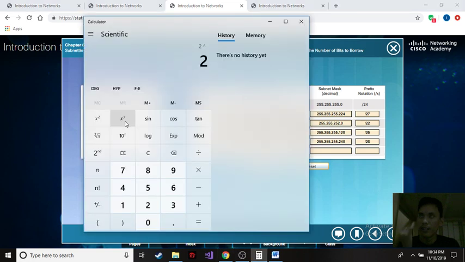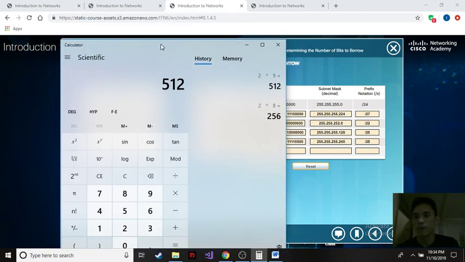500 should be 2 raised to 9. So 512, that should do it. So our borrowed bits is 9, and then we're going to subtract it from our default prefix notation, which is 32.